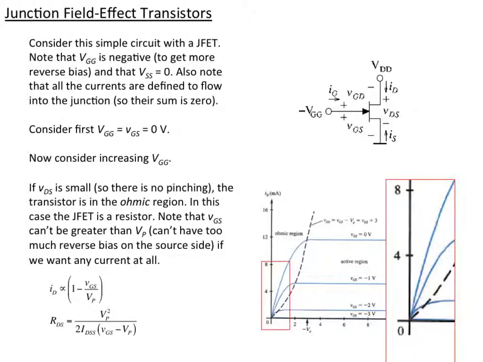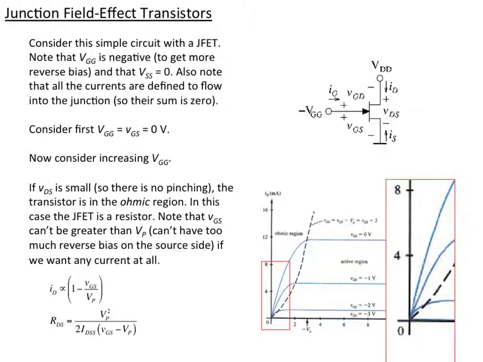That resistance is basically given by the pinch voltage divided by 2 times the plateaued current when you have 0 gate voltage, times VGS minus the pinch voltage.